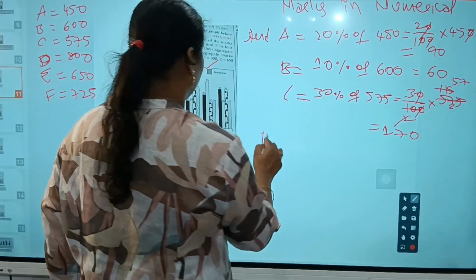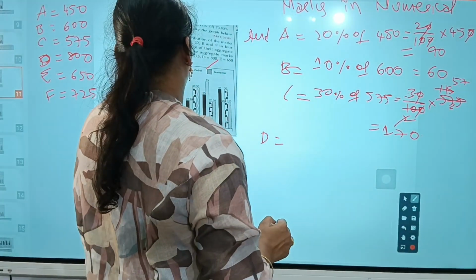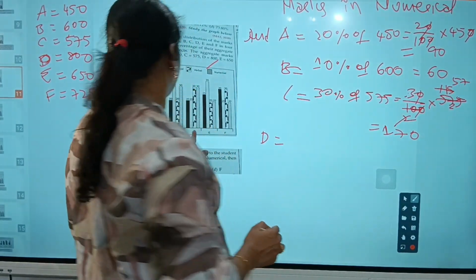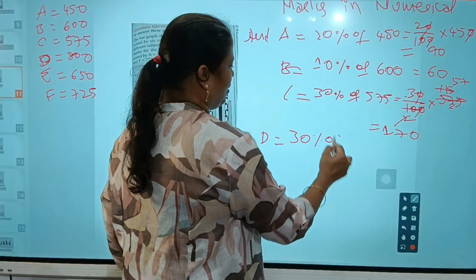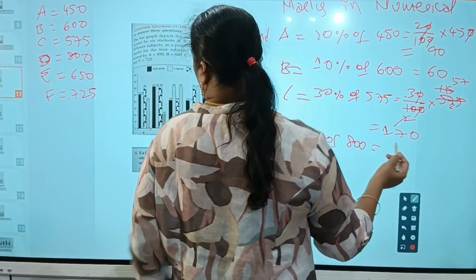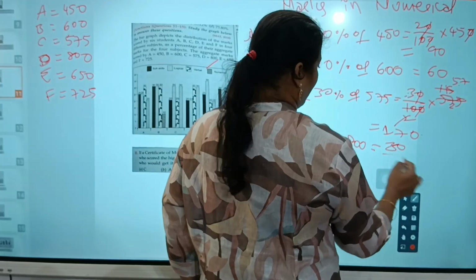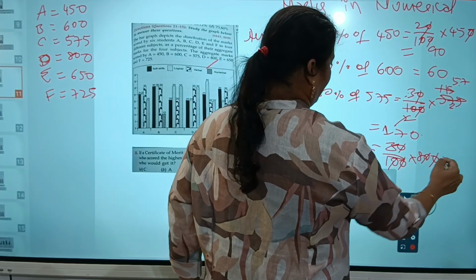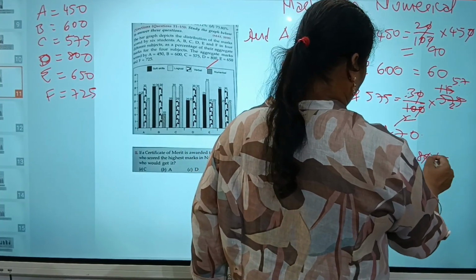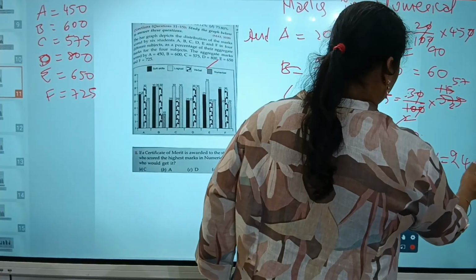Okay, for D it is 30% of 800. 30% of 800 means 30 by 100 into 800. So it is 240.